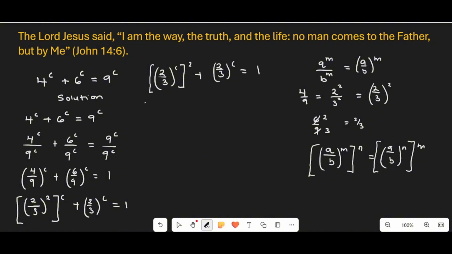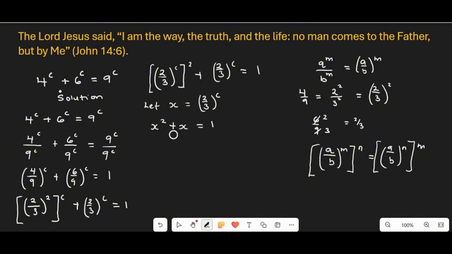So let x equal to 2 over 3 all raised to power C. So here we put x, here we put x.